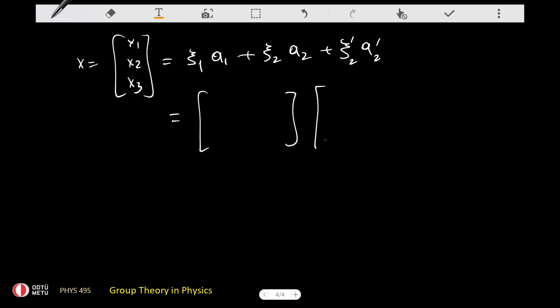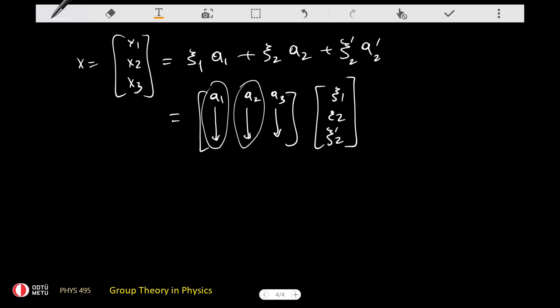This can be written as, just remember how you do this matrix multiplication. I can do this as a matrix multiplication. So I first prepare a square matrix in here, where on the columns I write all of these vectors that I have just identified.